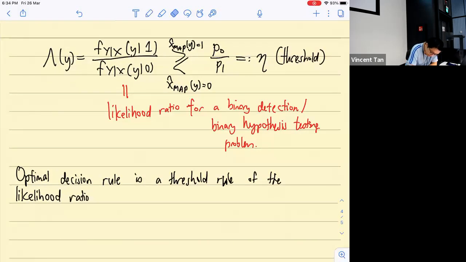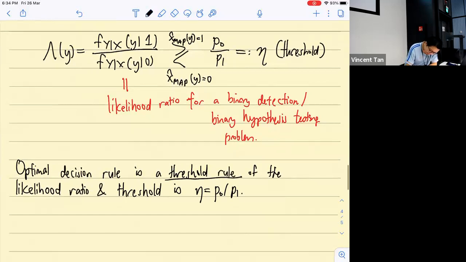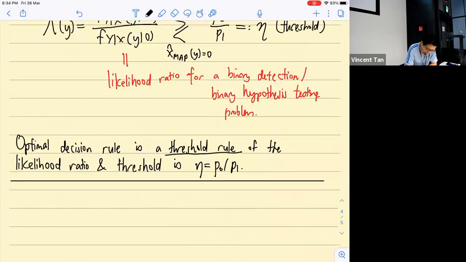Likelihood ratio, and the threshold is given by the ratio of the prior probabilities P0 over P1. Okay, so this threshold rule is super important because it's easy to implement if we know the models, if we know the likelihood model f of y given x. Okay, I've already alluded to this, and this is maximum likelihood estimation that we'll talk about next.